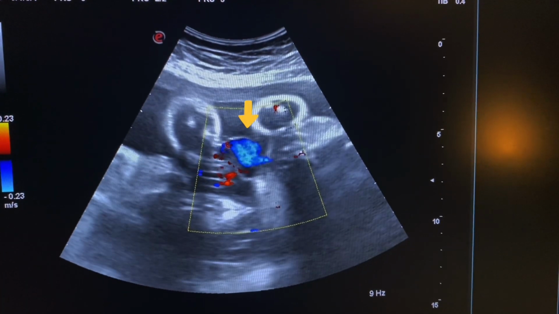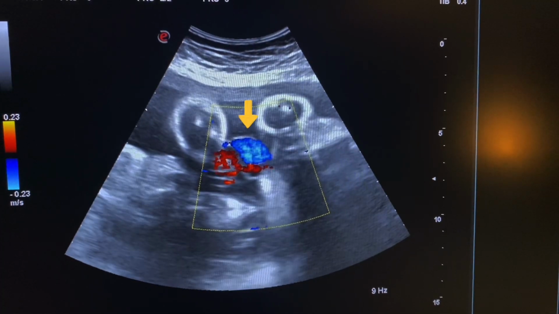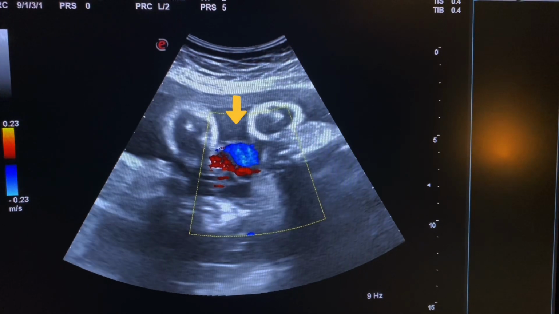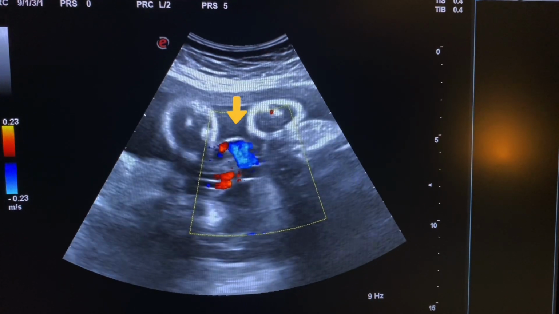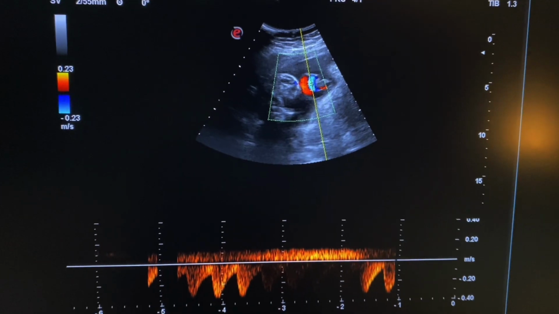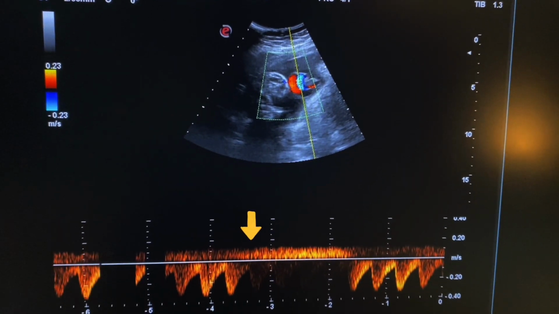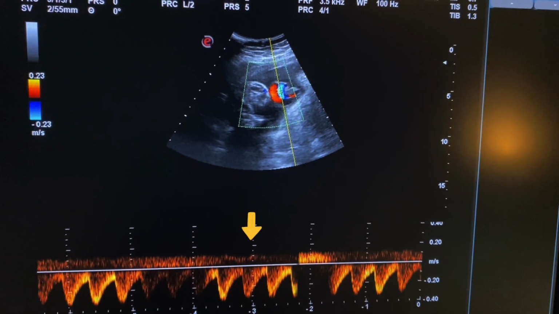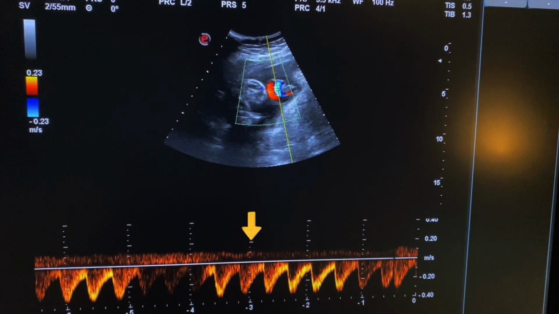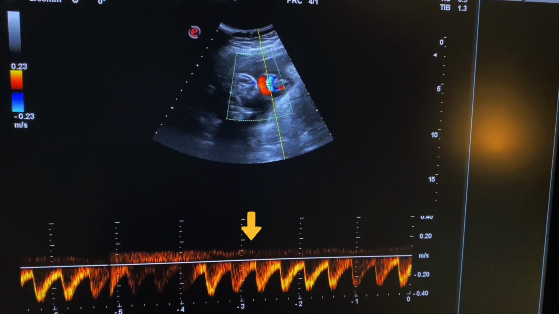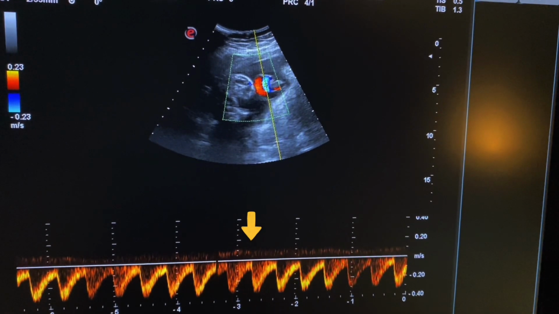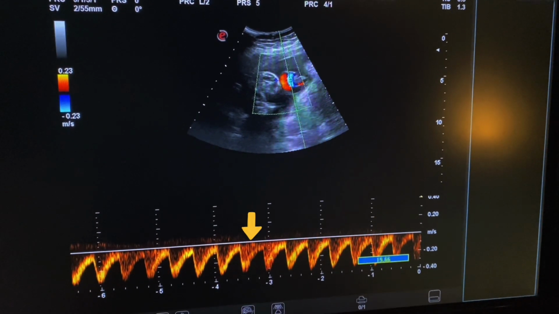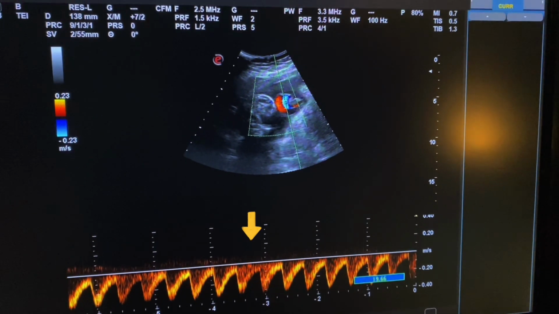Now we will measure the SD ratio of the umbilical arteries. The SD ratio, or systolic diastolic ratio, should be less than 4 after 30 weeks. If it is more than 4 after 30 weeks, it means there is resistance in the blood flow and it will affect fetal growth, or fetal growth will be compromised.